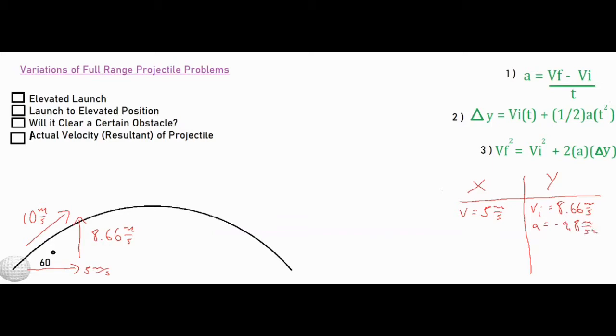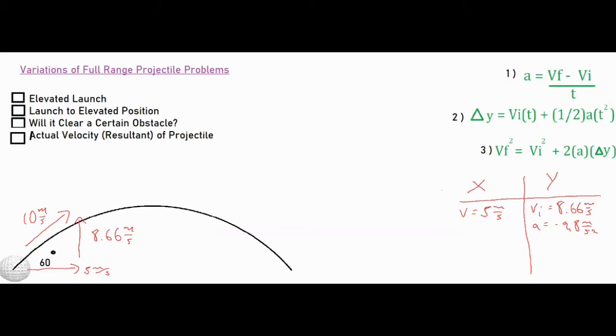And then if it were a full range problem to where it's going all the way back down to ground level, you would have a final velocity of negative 8.66 meters per second. But since we're looking at variations of the full range problem, we're not going to add that final velocity for now.